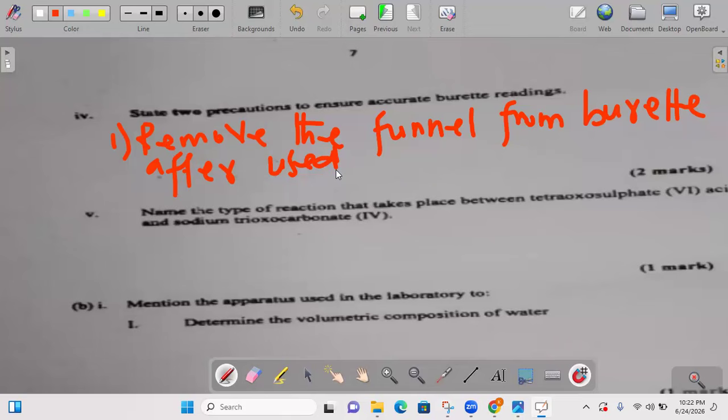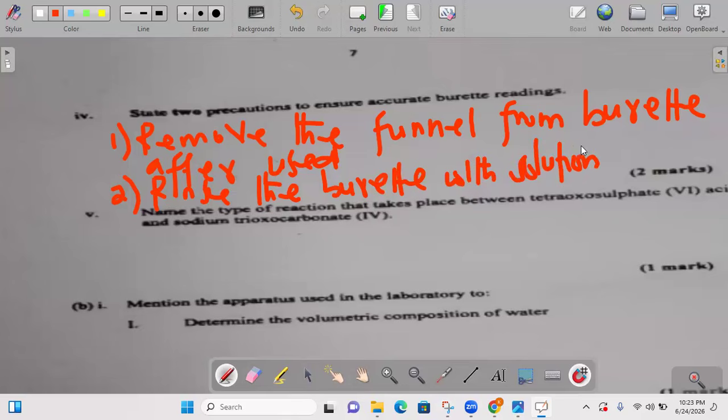Then another precaution for accurate results is that you rinse the burette with the solution contained in it. And what is that solution? It is the acid.